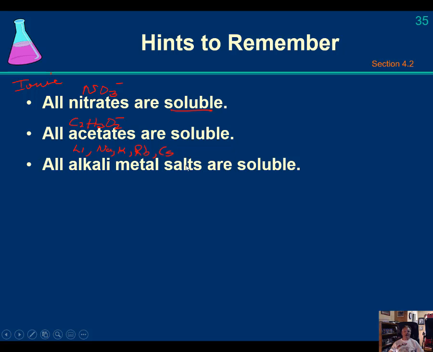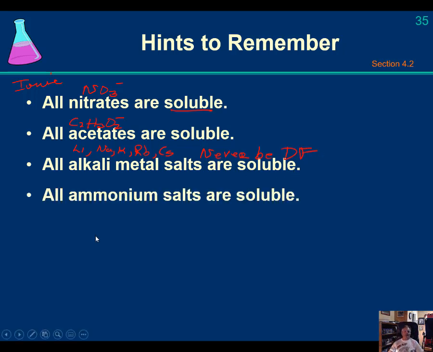These are always soluble. They're always associated with strong electrolytes. They can never be driving forces because they're always strong electrolytes.